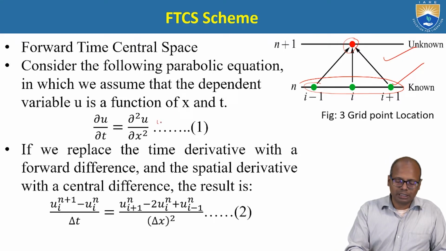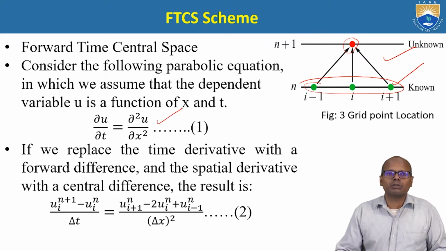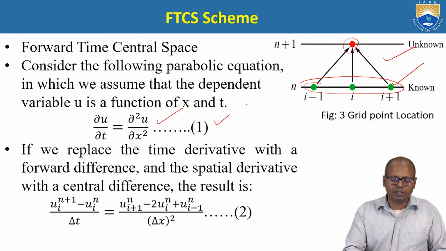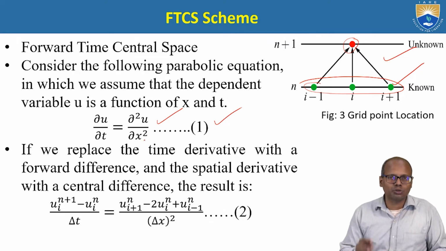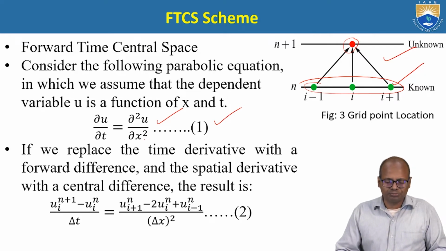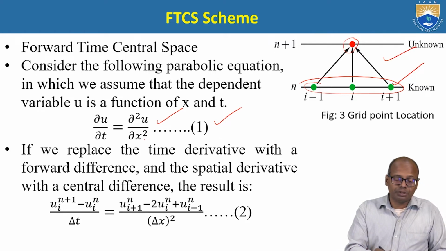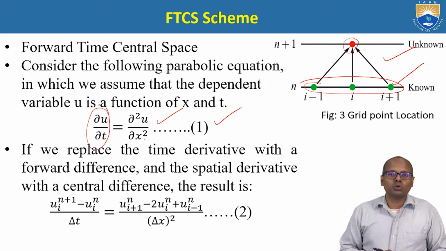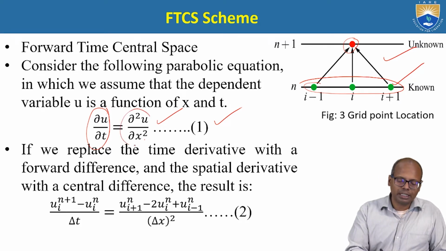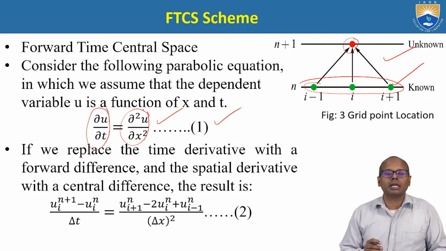So this is the equation that we are assuming. This is a parabolic equation, and it is a function of time and space. The variable u, velocity u, is a function of time and space. Here only x is there, so it is a one-dimensional problem. Now the time derivative is replaced with a forward difference, and the space derivative is replaced with a central difference.